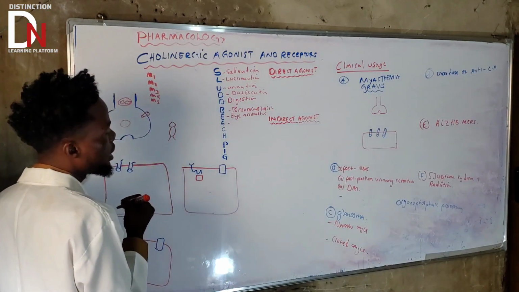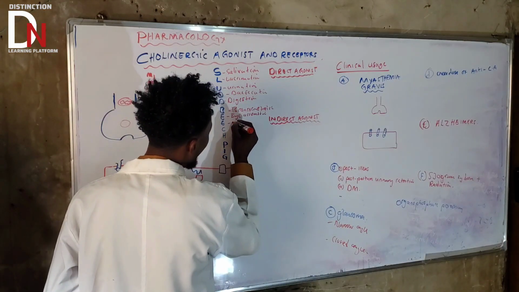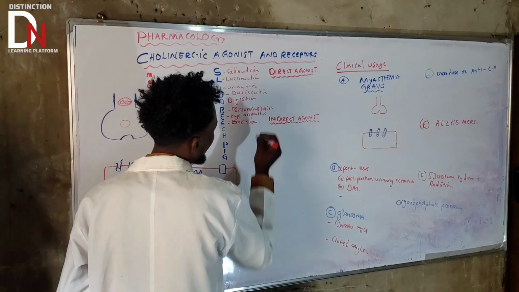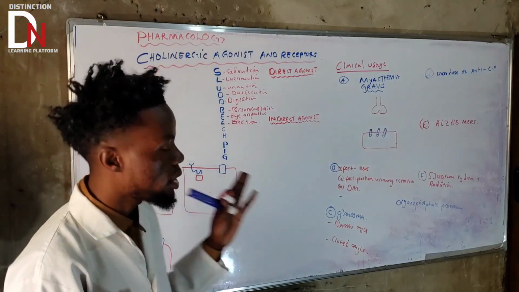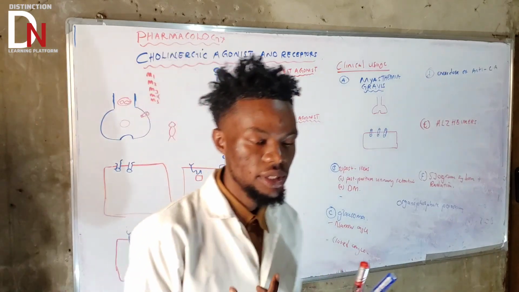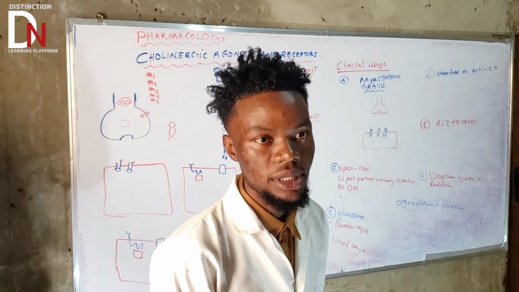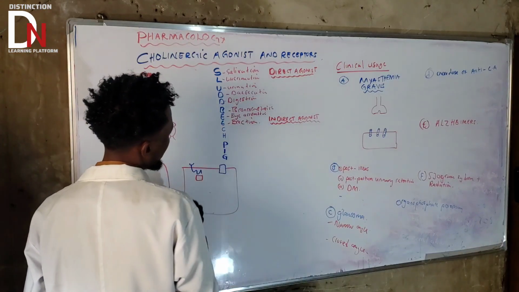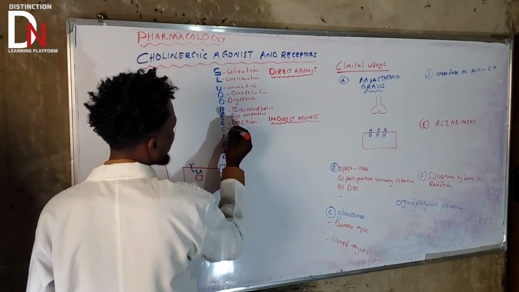What about another E? Another E is erection. Okay. The parasympathetic nervous system promotes erection. Then ejaculation is provided by the sympathetic nervous system. Then what about C? Another C is constriction.